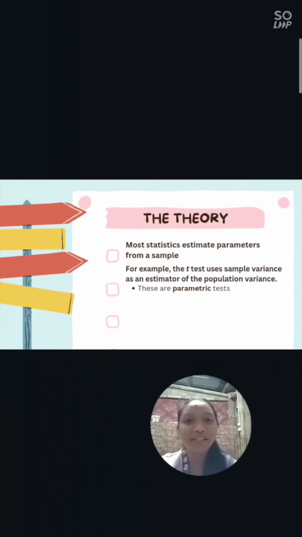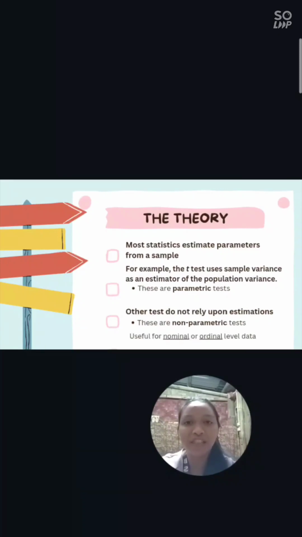But there is a class of tests that do not rely upon parameter estimations or distribution assumptions, and these are called nonparametric statistics. Nonparametrics are especially useful with nominal and ordinal level data, although they can also be used with interval and ratio level data.